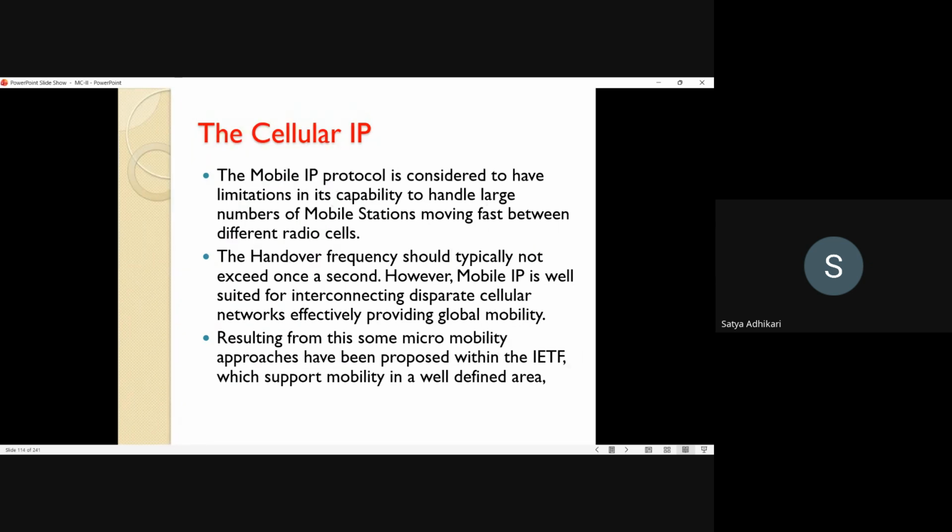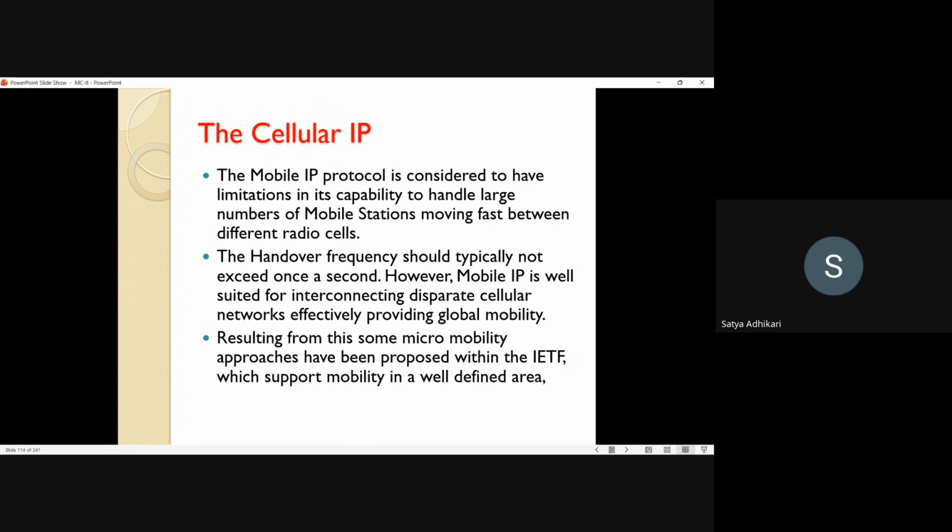If the mobile nodes change location frequently and fast, the performance of mobile IP degrades. The handover frequency should typically not exceed once a second. However, mobile IP is well suited for interconnecting disparate cellular networks, effectively providing global mobility.